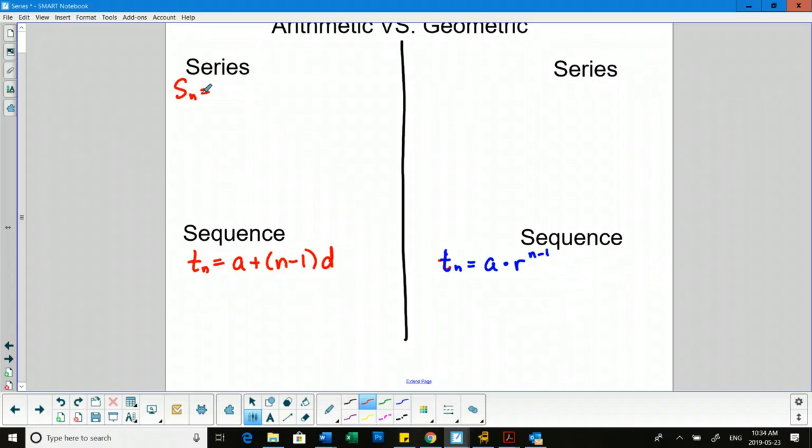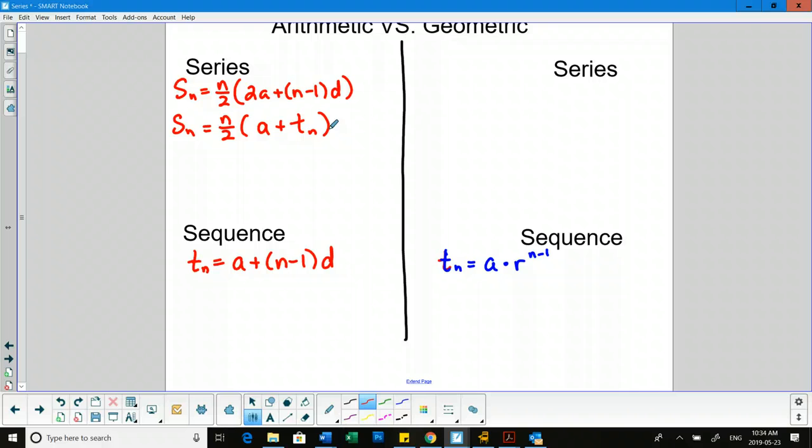We have Sn equals n over 2 times 2a plus n minus 1 times d. And we also have Sn equals n over 2 times a plus Tn, the less used formula, I would say. And then for geometric, we have Sn equals a times r to the n, all subtracted by 1, over r minus 1.